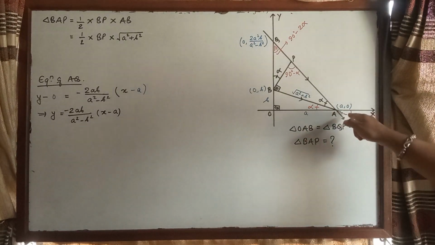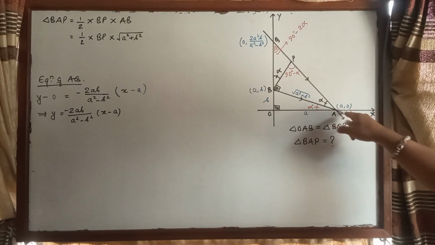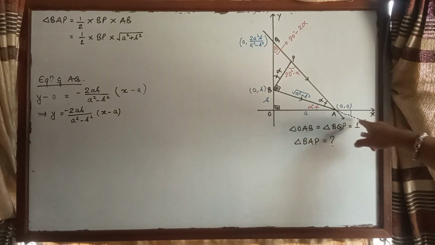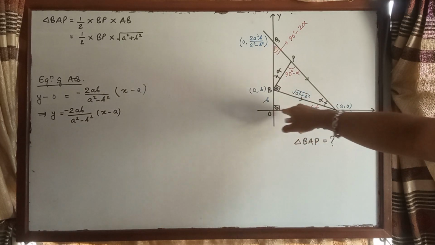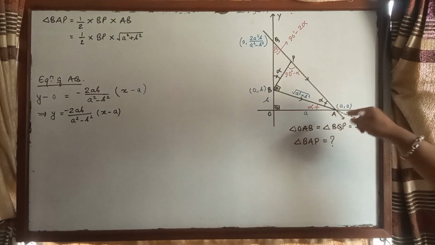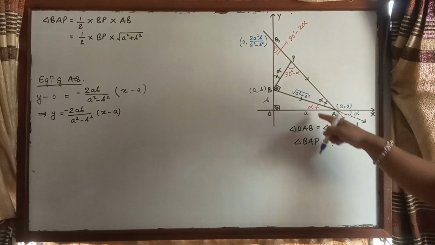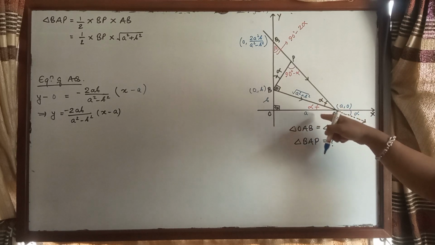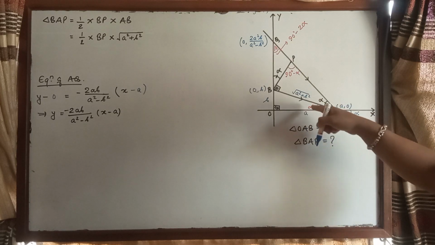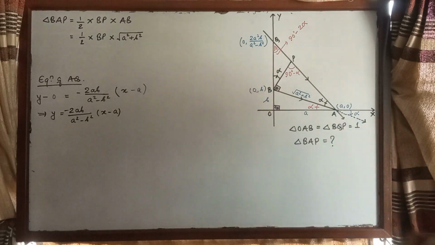The geometrical angle between the direction of AB, which corresponds to the increasing direction of x, and the positive x-axis is alpha. But for the slope we need the vectorial angle. Since this is in the clockwise direction, the angle is minus alpha.